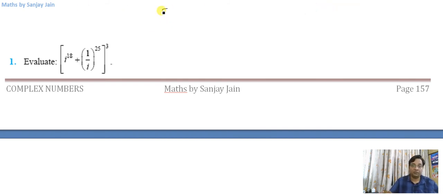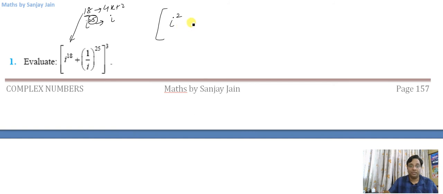So I'll rewrite this bracket like this: iota squared, because iota raised to power 18 is 4k plus 2. When I divide 18 by 4, it will give me remainder 2. And this is iota raised to power 25, so I'll replace it with iota, because 25 is 4k plus 1.